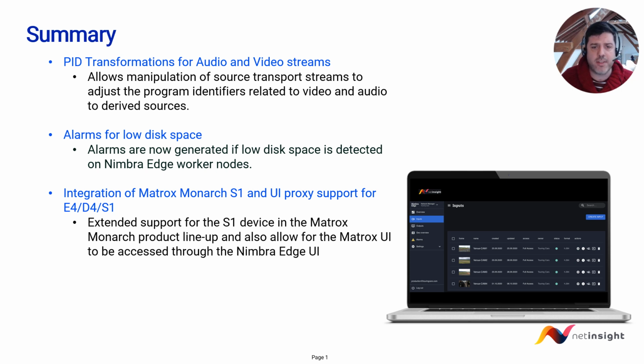We have an extension of the alarm panel and the alarm system to create alarms for low disk space on our worker nodes. And finally, the culmination of a lot of work on the Matrix Monarch Edge product line, the integration of the S1 box, and also UI proxy support for the entire range E4, D4, and S1.